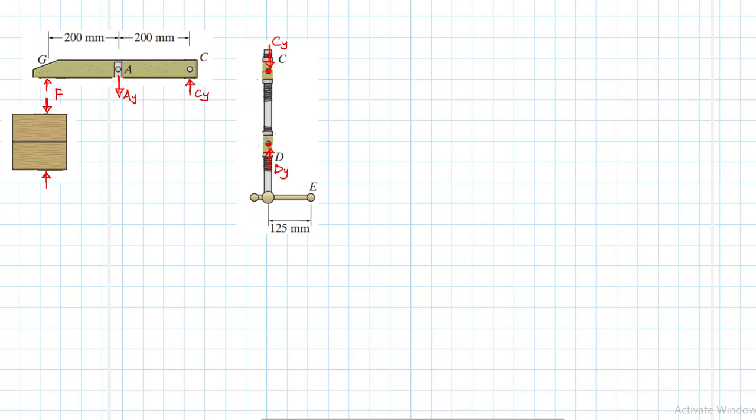Because this system is symmetrical, I expect CY to have the same value as DY. So I'll call CY my W, and since they are the same, I also call DY my W. I've got two W's on the same threaded screw, and it has two nuts.